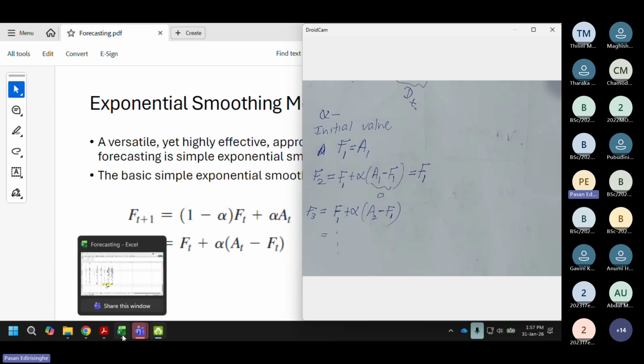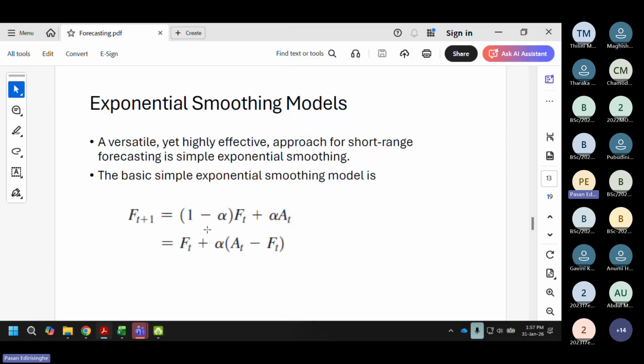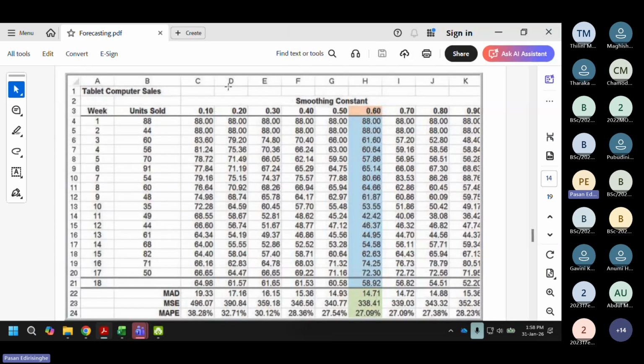So now we can see that in that particular calculation over here, right? So let me show you that calculation.